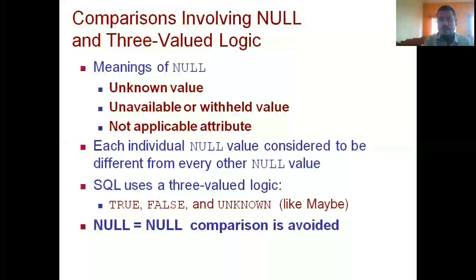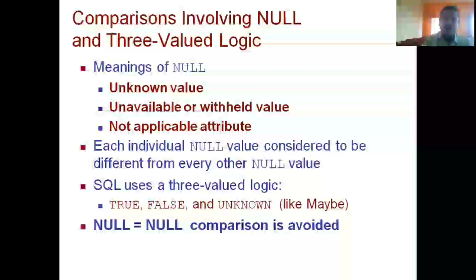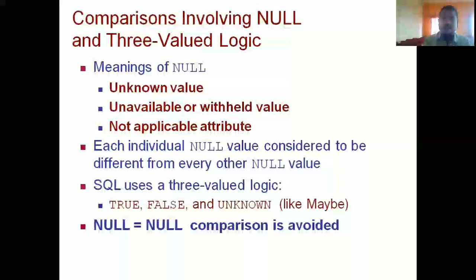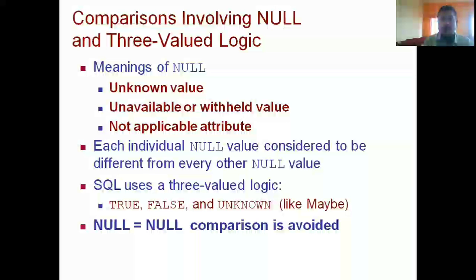True and false, yes or no, whether it is there or not. So null equals null comparison is avoided. Null value is there, but we can't put empty; you have to mention something, like you have to write null. What happens at query execution time, it will be considered as there is no data, but it is somehow a null value.